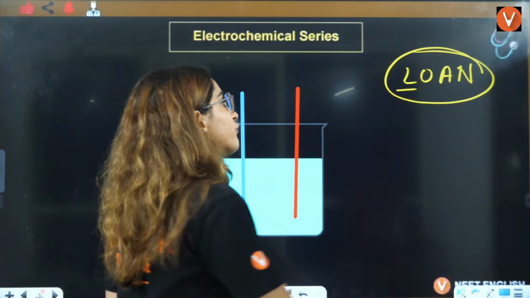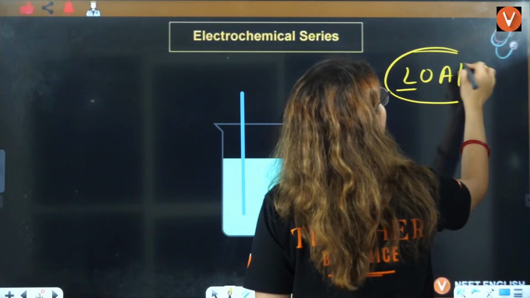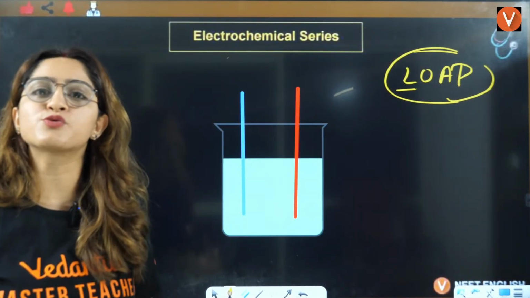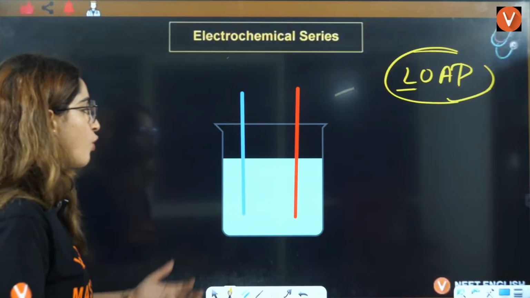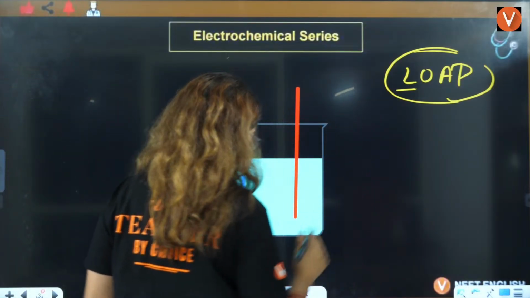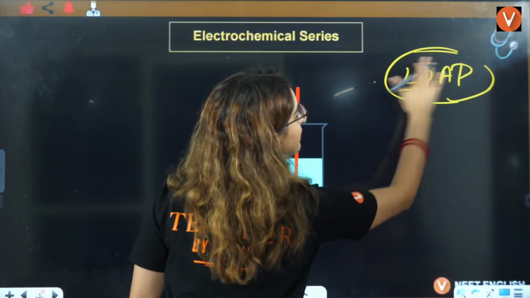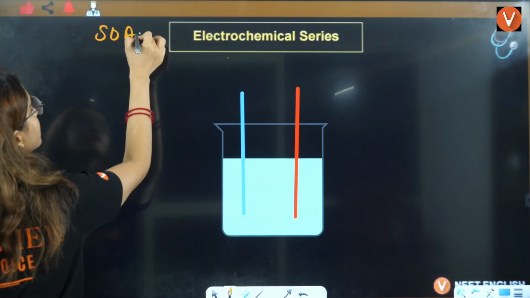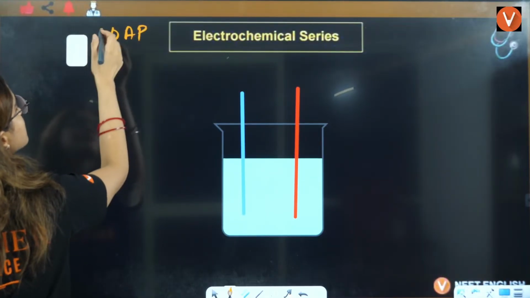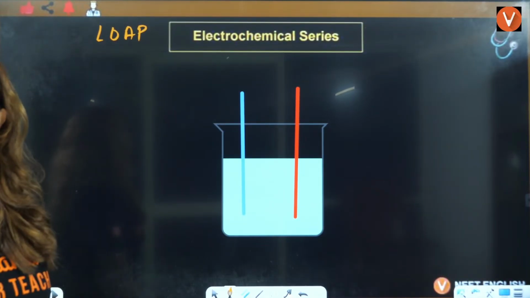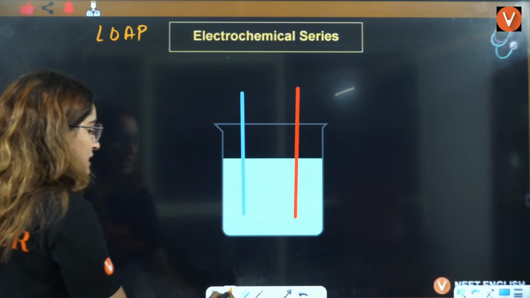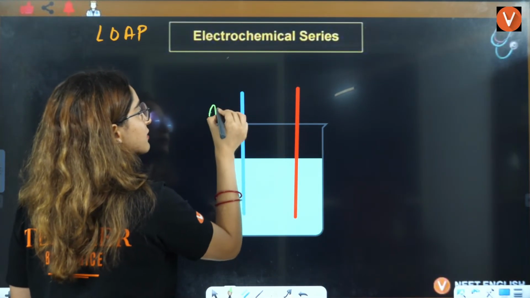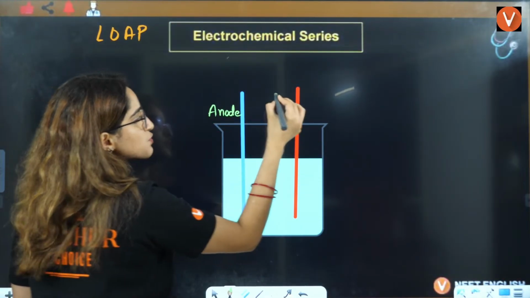In the electrolytic cell, anode is going to be a positive electrode, and this is going to be a negative electrode. What you need to remember here is LOAP, just like SOAP. Just replace this S with N. That's it. Now, if you see this, we are saying this is anode, and this will be cathode.